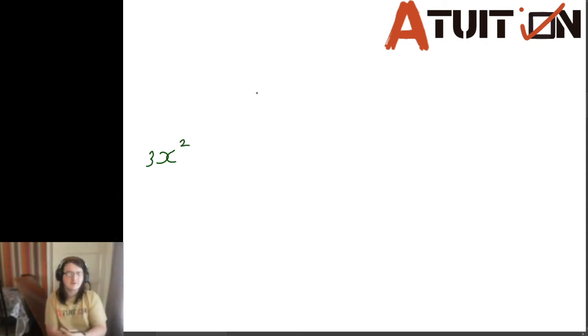Jesus, we're not even halfway through. Alright, let's practice that a bit more. Let's practice just completing the square, because that can get tricky. If we had an equation for a circle and it didn't have x squared but had 3x squared or something like that, that would change the look of the circle into an ellipse, which is like an oval.